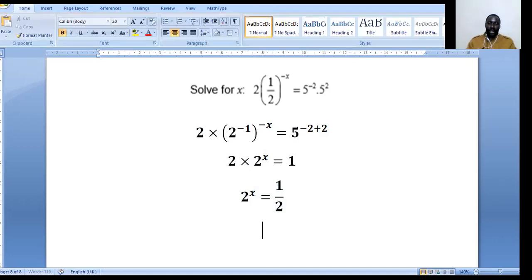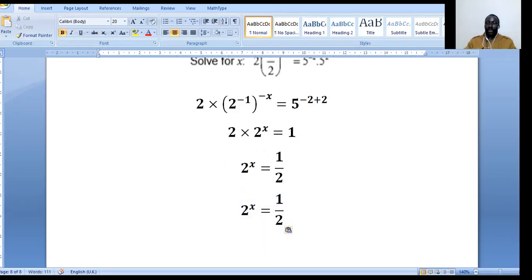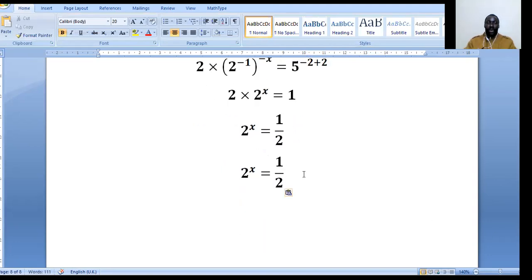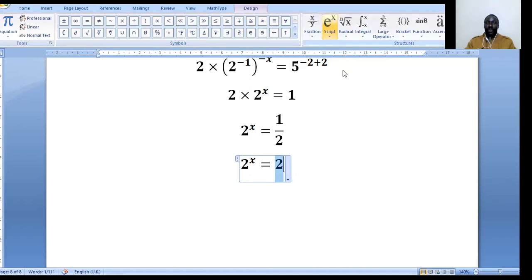How do we do that? Well, instead of writing 1/2, we would like to write this as 2 with exponent -1.